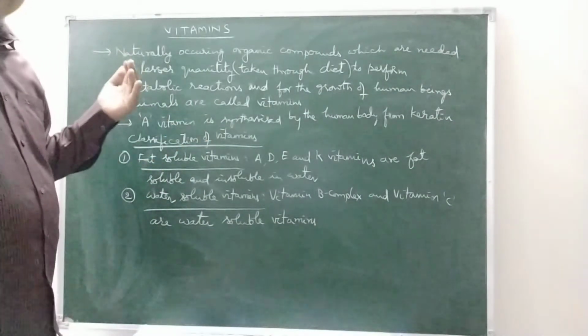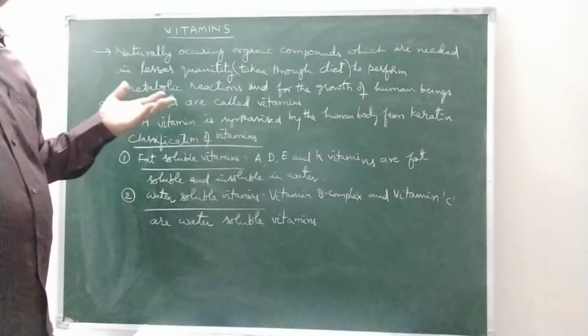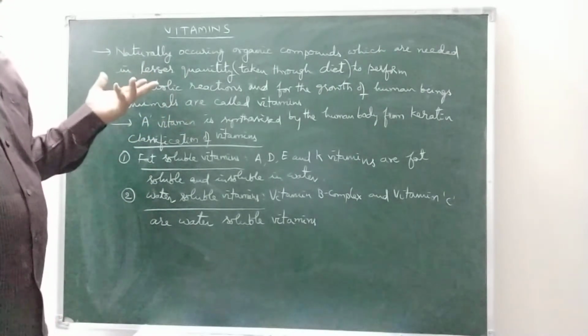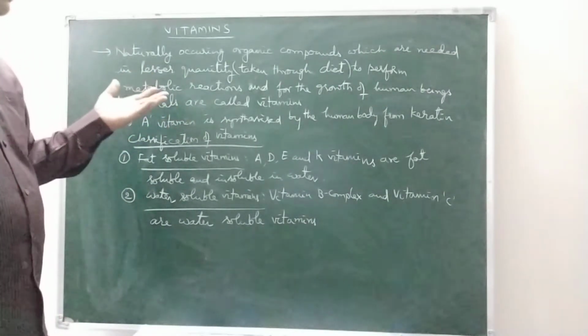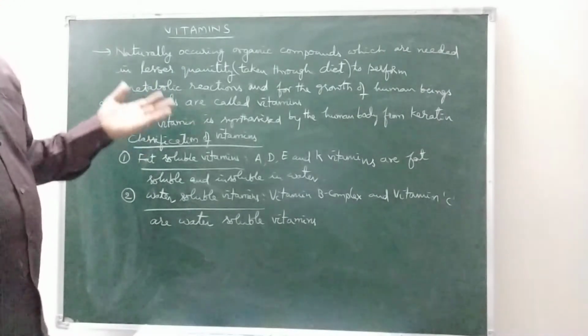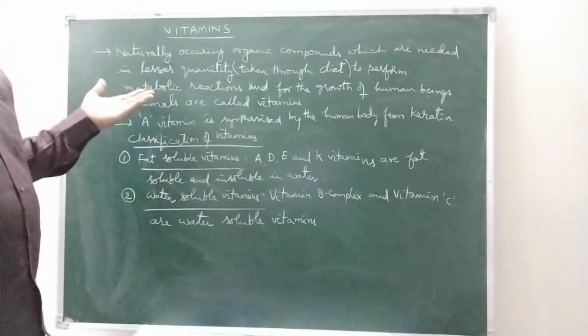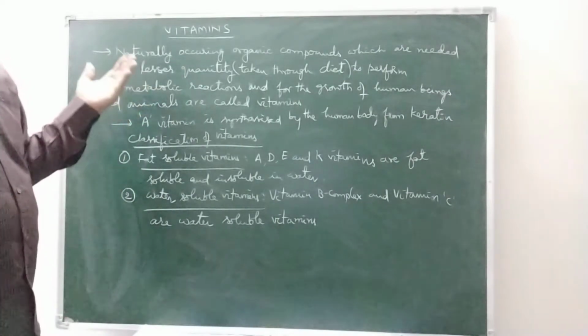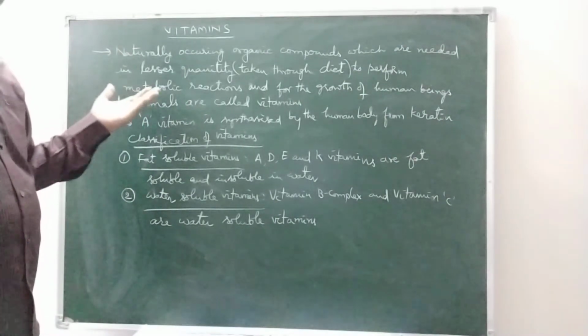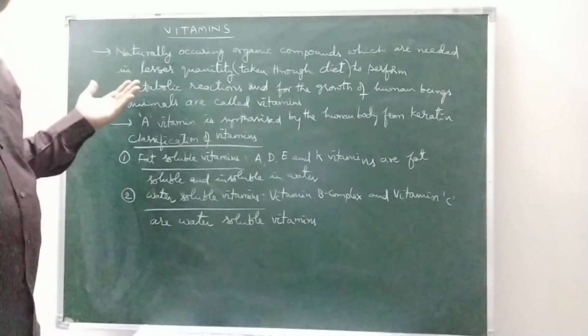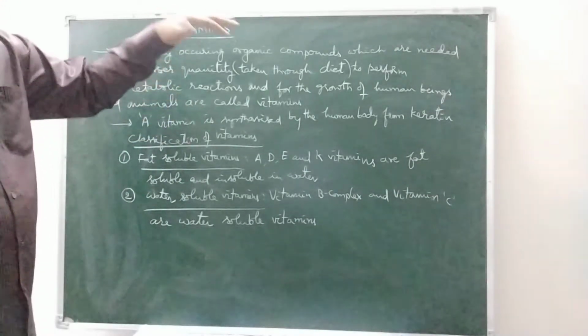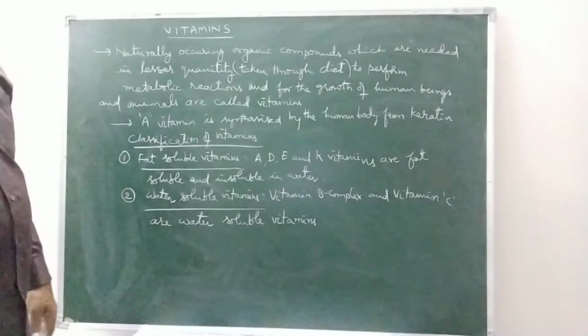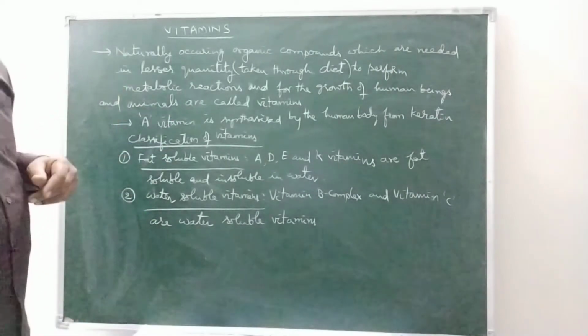So these are also very required biomolecules for human beings and animals. And you go through the vitamin deficiency diseases, which vitamin deficiency causes which disease, and the sources of those vitamins. In the textbook it was given in tabular form. You please go through it, right?